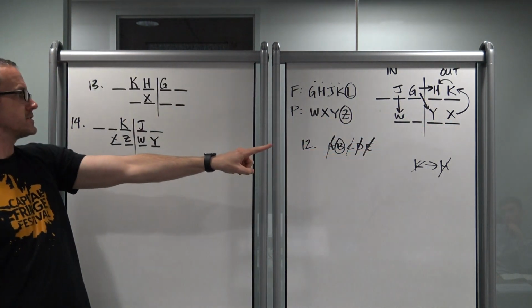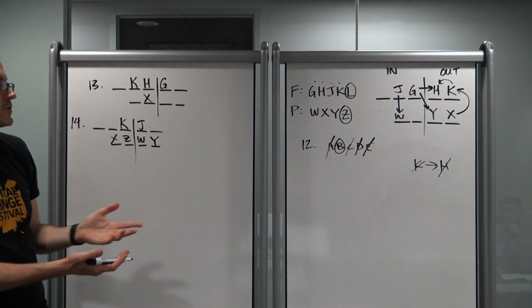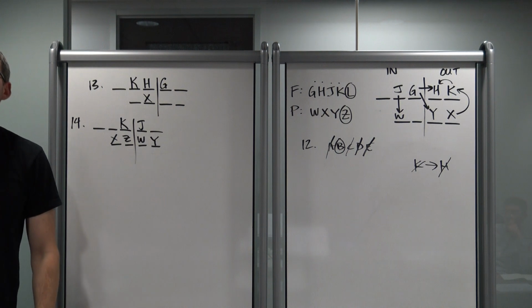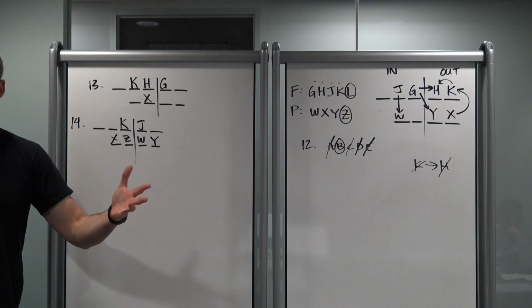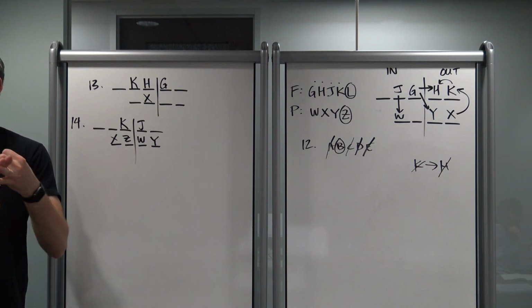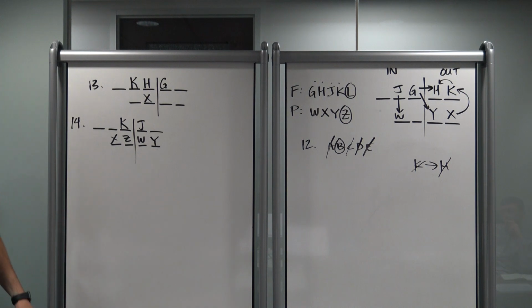X is in, so we don't care about that rule. G could be in or out, so we don't care about that rule. And then the JW rule, again, we don't care about that because J is out. So since we just went through all the rules and they're either taken care of or won't be implicated, it means we're done.